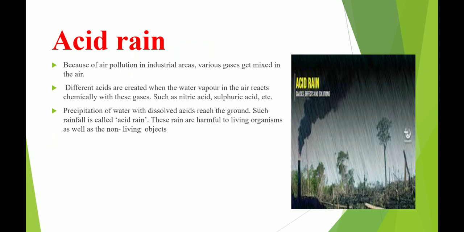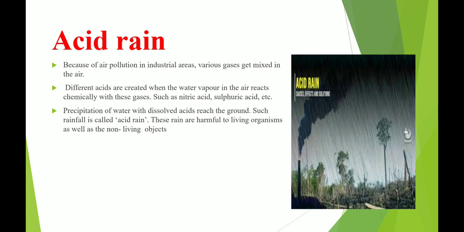And see what are the effects of acid rain. Acid rain causes water pollution, and aquatic life of fish and other living organisms in the water die due to acid rain. Acid rain also affects living and non-living things. Acid rain causes leaves to dry, and thus trees dry.